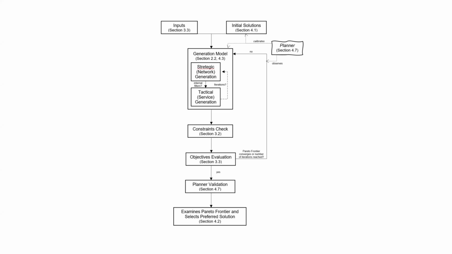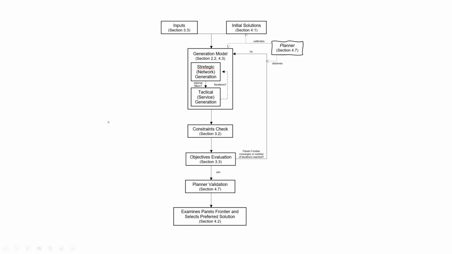We should also consider an internal filter. That means filtering your network based on your network objectives before you move into the tactical generation part, before you even move into future constraints, and that will save on operational costs.